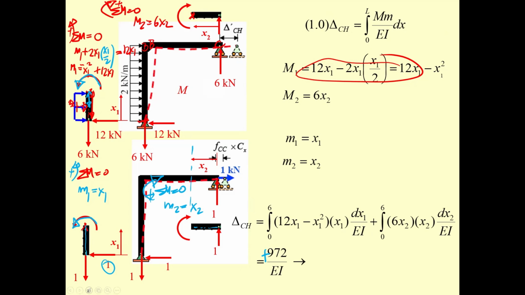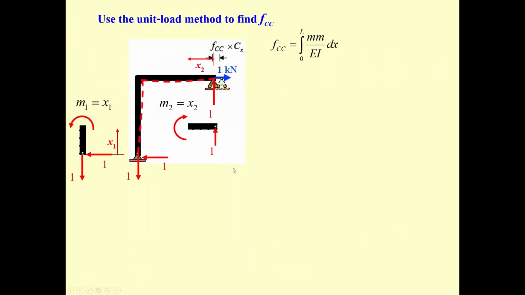That means delta sub CH moves in the same direction as the unit load here, and goes to this point. I should say you take this one because you set up C sub x equal to 1.